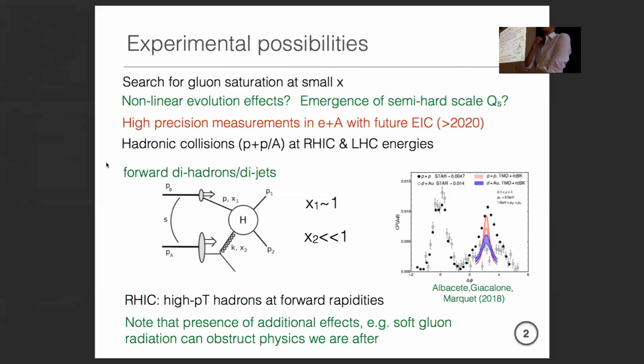Just a minor question on this. Sudakov logs are logs of Q squared over kT squared. If a typical kT is of the order of Qs, then you would have logs of Q squared over Qs squared, and those would probably be different than in pp. No, in pp you have to look at the same transverse momentum. But this is integrated over PT.